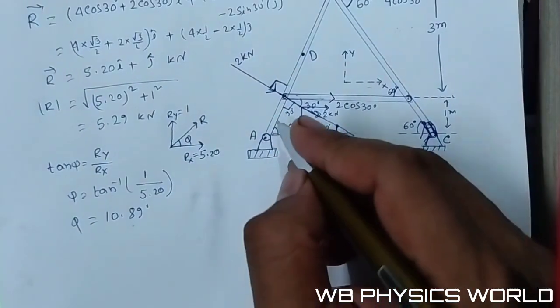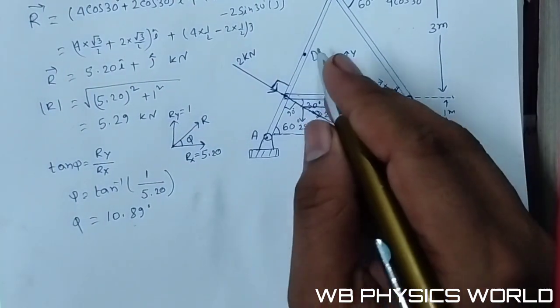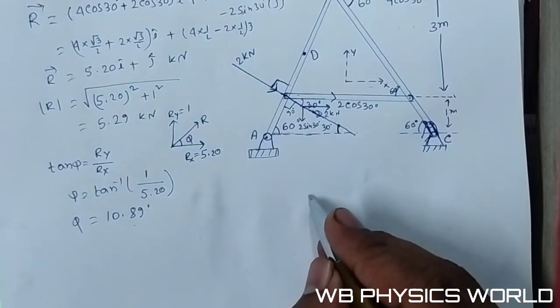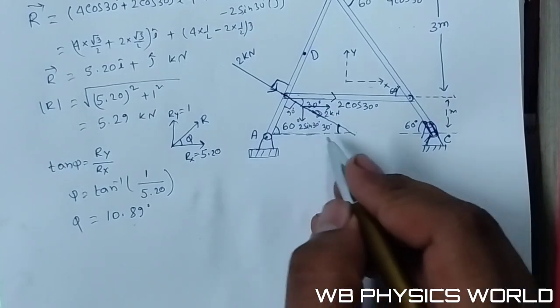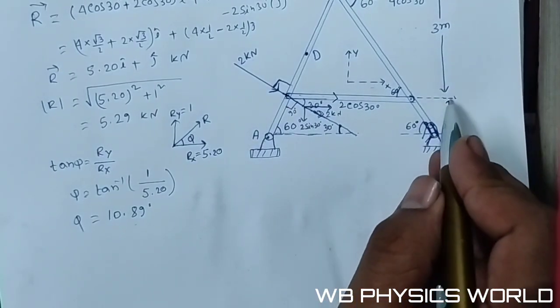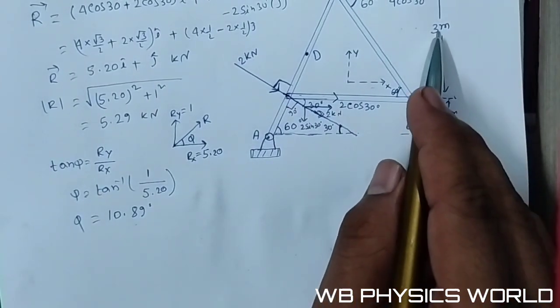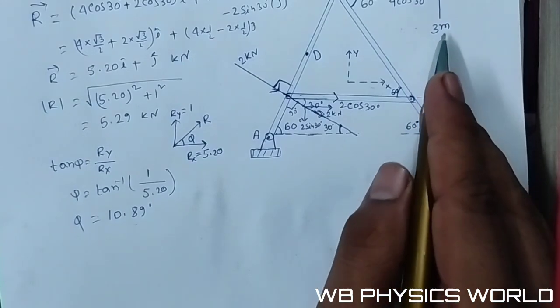Now the distance. Here this is the point D. Now we calculate this distance from the point A. We see from this graph that this is 1 meter and this is 3 meter.